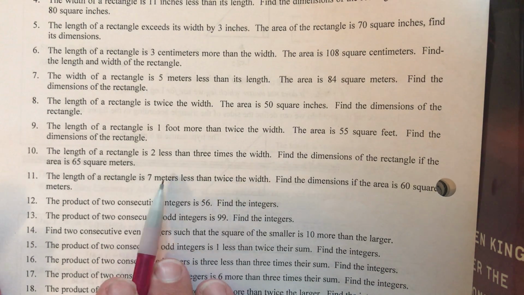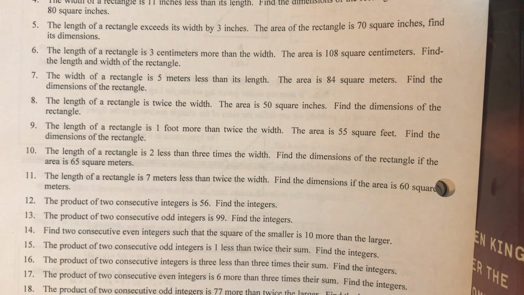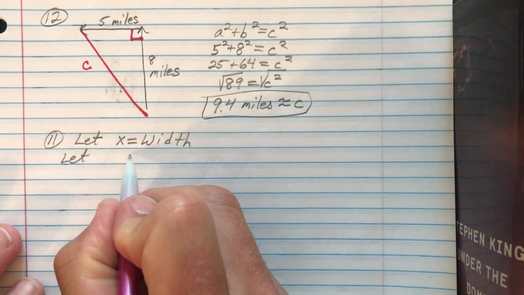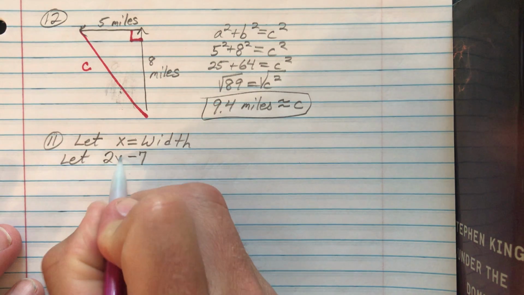Now a lot of people write 7 minus 2x, but if you have $7 less than somebody that, let's say, is $20, you would have $13. Because if you think about it, 7 less than something means you take that something, $20, and you subtract 7 from it. So the length would be 7 subtracted from twice the width.